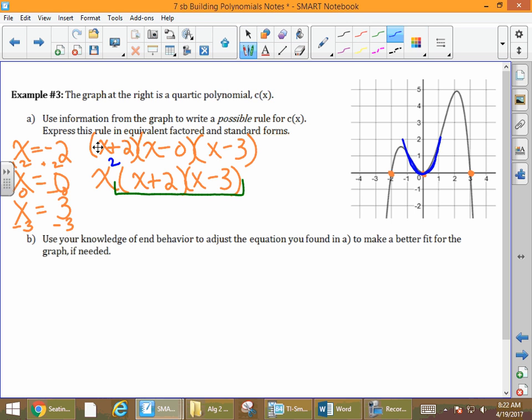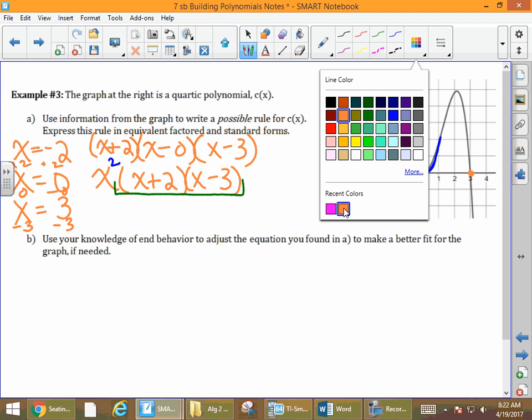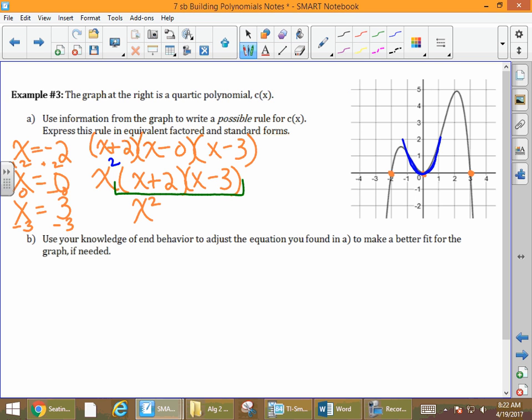So we multiply. We get x squared minus 3x plus 2x minus 6. X times x. X times -3. 2 times x. 2 times -3.